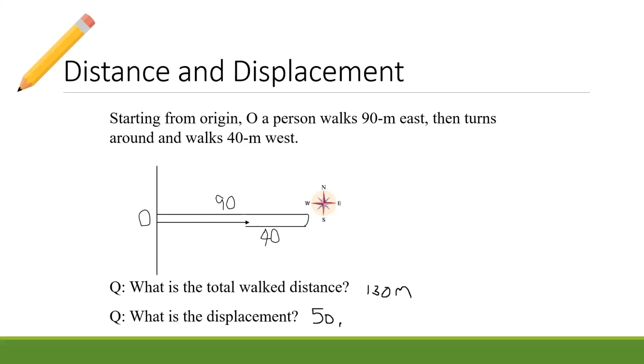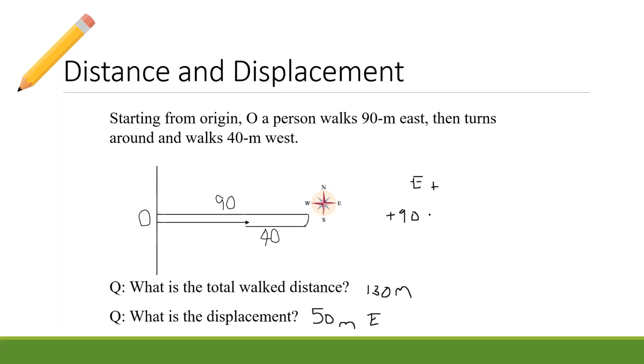Now the trick for that would be, how would you do it? I would say, let's make east positive. So that means we're moving 90 meters east, so we've got plus 90. And then we're moving 40 meters west.